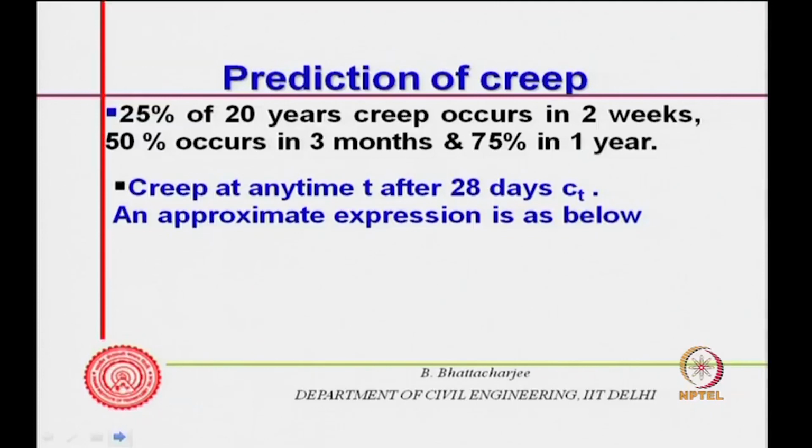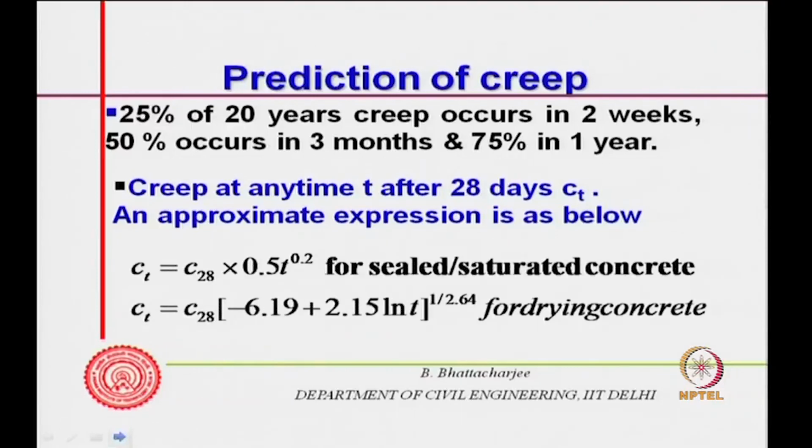Now, there are guidelines through which we can actually estimate creep. Approximate expression will be given like this: creep at any time t after 28 days, let me call it as CT, and the approximate expression is that if I know C 28, then for sealed and saturated concrete it will be 0.5 T to the power 0.2.